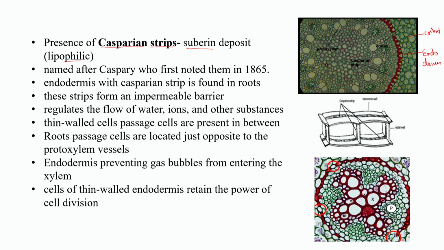In this endodermis you can see thick depositions, so they are marking the presence of Casparian strip. Suppose this is an endodermal cell, and on one side I am trying to show it, this Casparian strip is present on the radial and tangential walls of this endodermis.